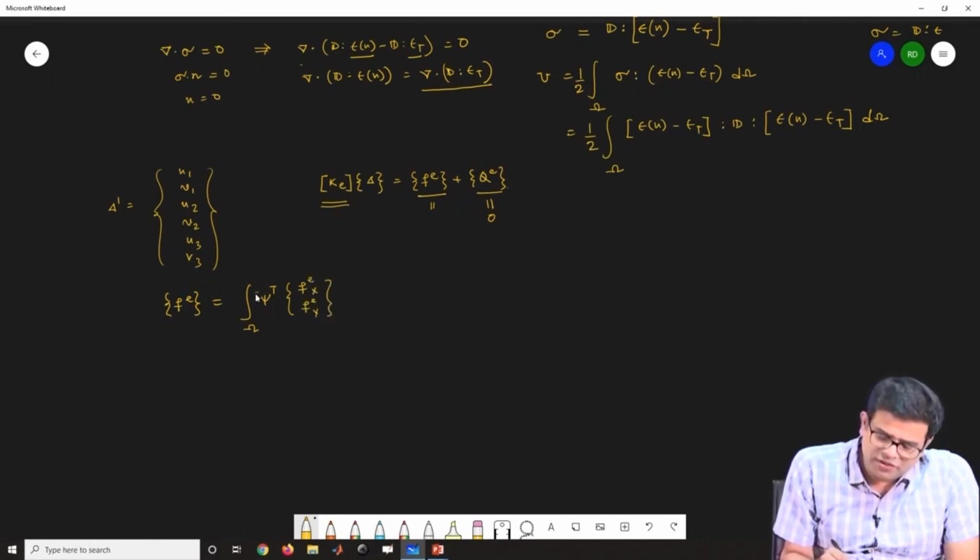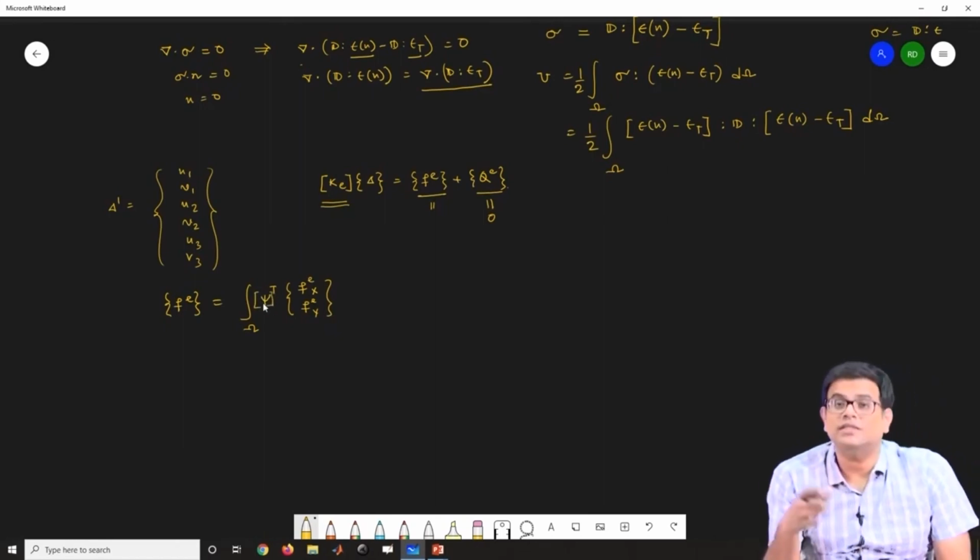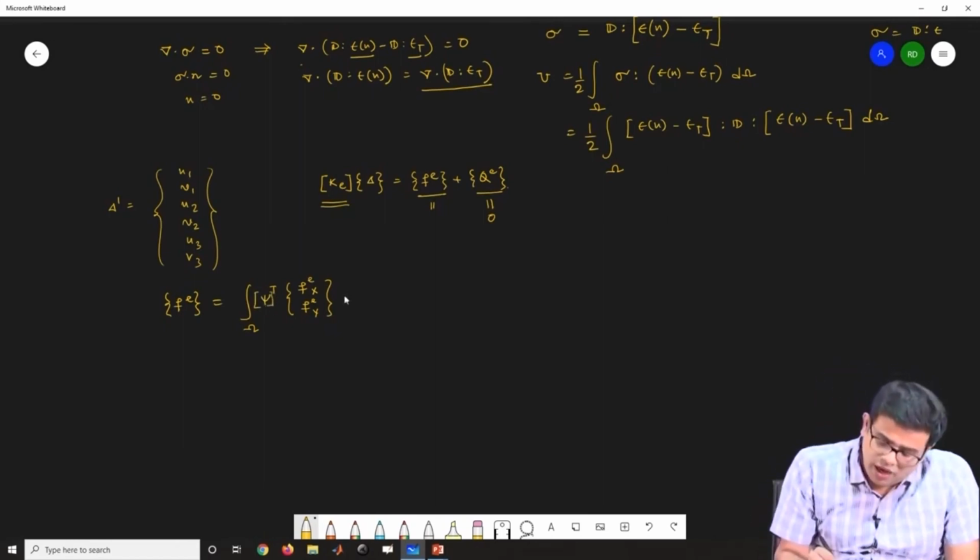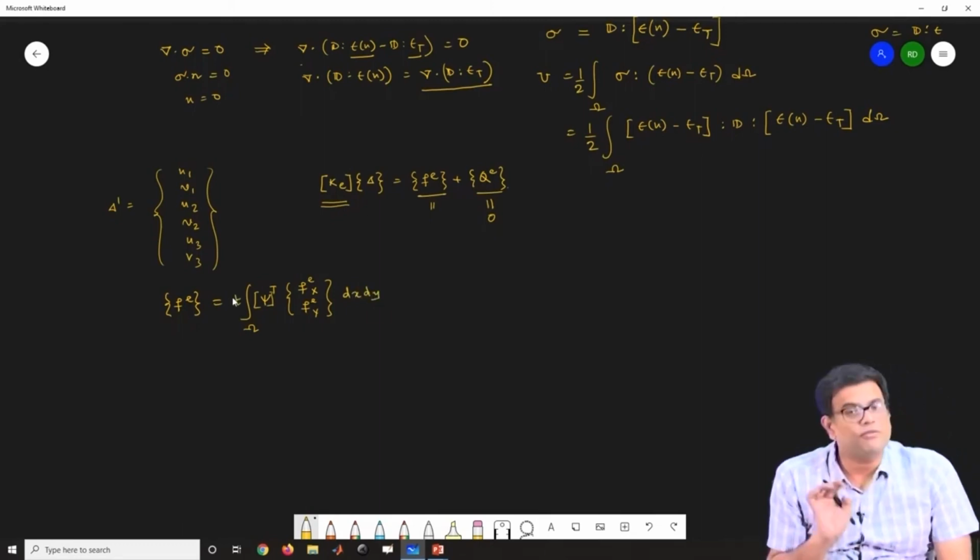Phi is a matrix of size 2 by 6. This is my dx dy, multiplied with the thickness.